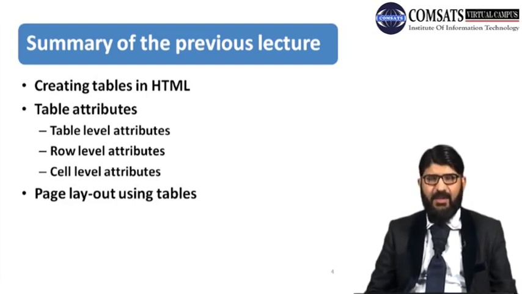We have studied table level attributes, in which we have seen the background color of a table, how to use an image as a background for the table, how to give a caption to a table, how to give a table ID to a table.